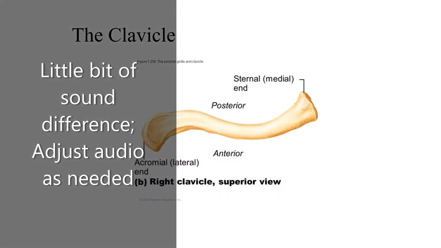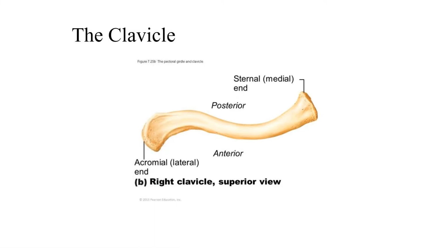Okay, guys, we're going to go ahead and just run through this relatively fast. Let's start off first with discussing the clavicle and then the scapula. So we just went over the shoulder complex itself and the joints that make up the shoulder complex. We're going to hop back and forth between the PowerPoint slides and the model.